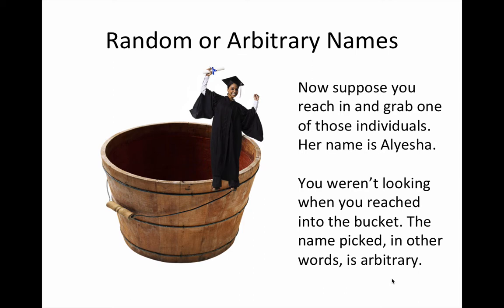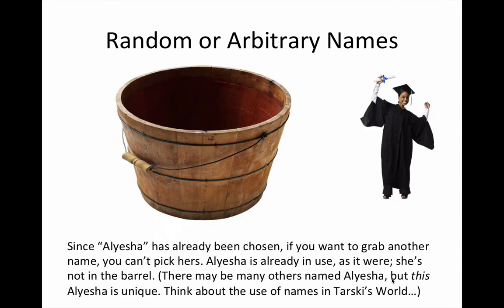Think about it this way as well. You weren't looking when you reached into the bucket, right? You just grabbed the name. So in this sense, it's just arbitrary. Now, you've already chosen Alyosha, right? So she's out of the bucket. What you must do if you need another name, and this sometimes happens in your derivations where you have to provide a new subproof, and that means using a new name, you can't use Alyosha.